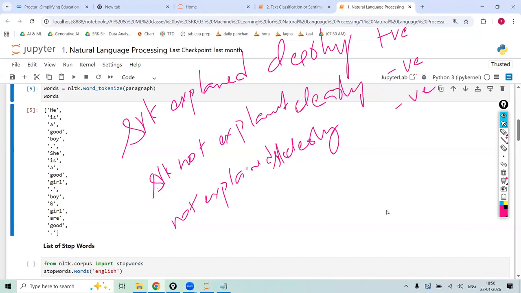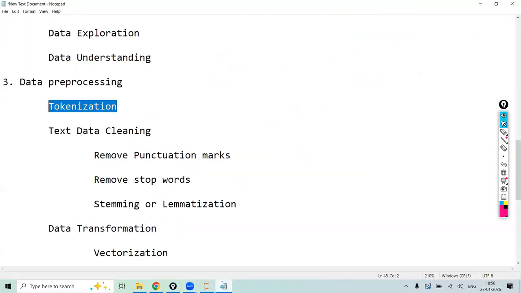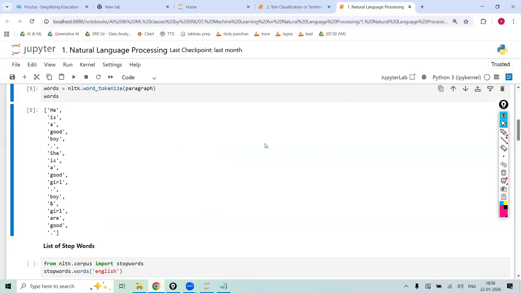Point is clear? And in this classification project, if I give you one sentence, any English sentence, single sentence or multiple sentences, this is overall a single review, one review only. That review consists of a single sentence or multiple sentences, but it is one review.